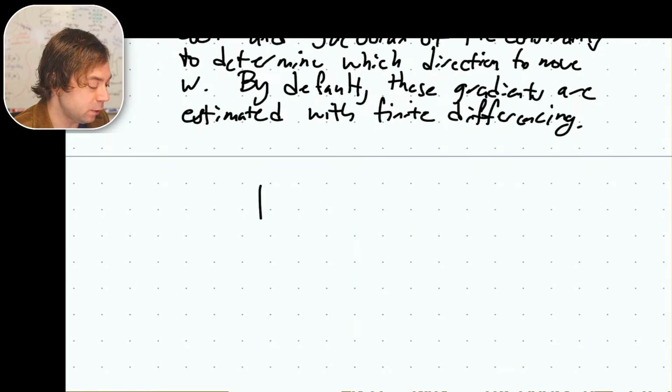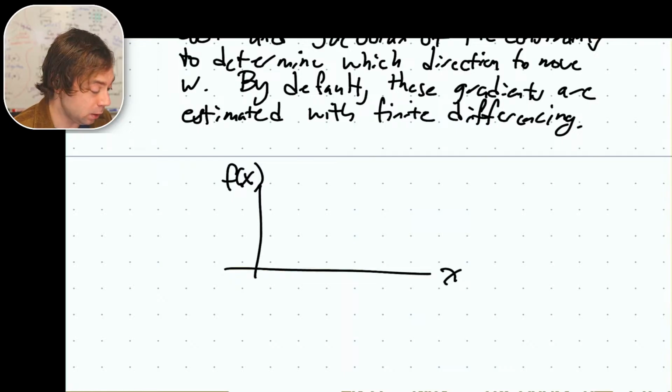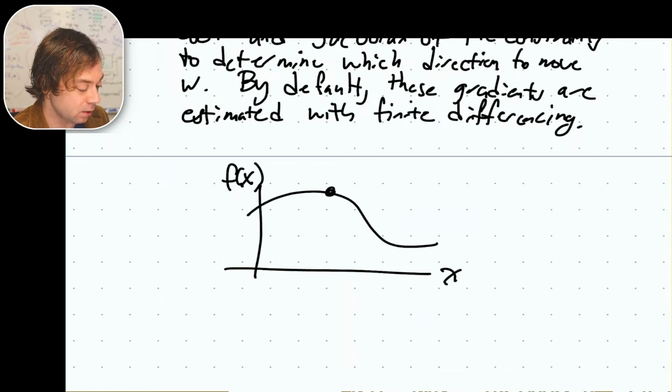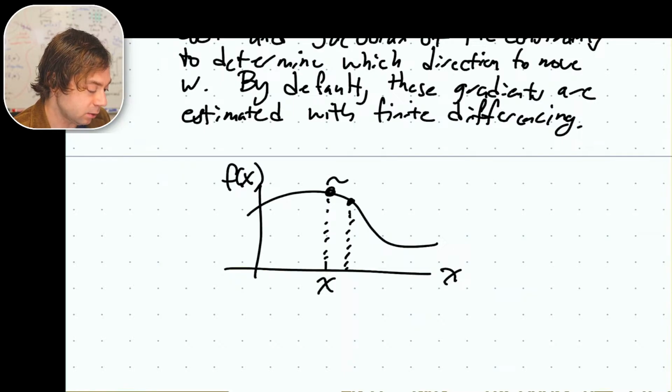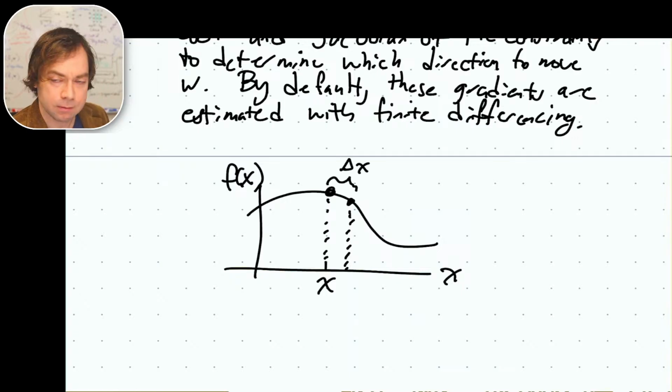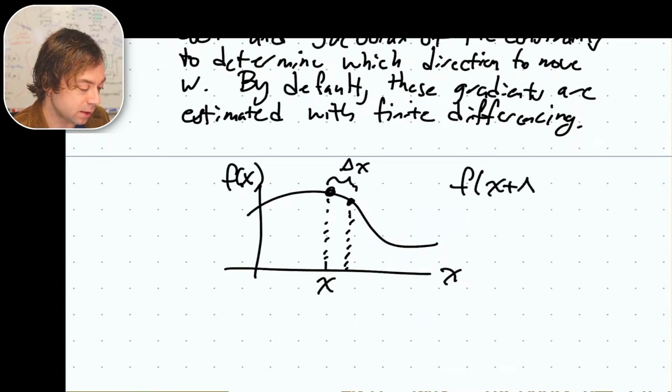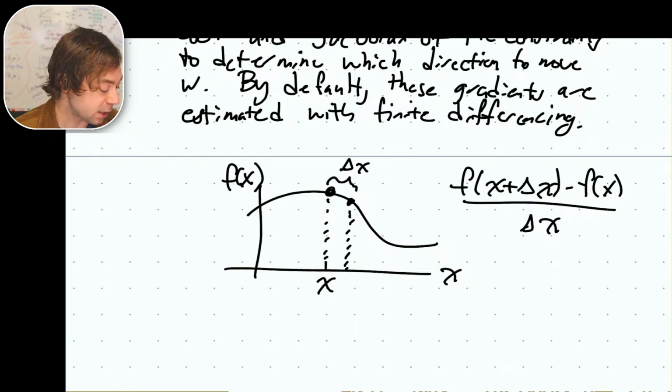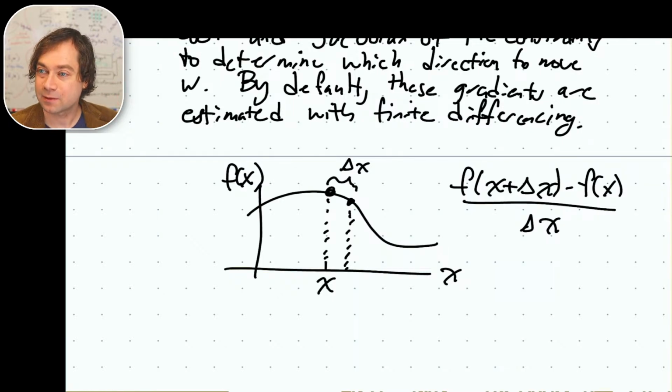Literally all that means is that if you have some function f of x, and you want to know what the derivative is at x, what can you do? You could say, I have some little delta x, some tiny difference, and I can ask, what is f of x plus delta x minus f of x, over delta x? That's the approximate derivative, right?